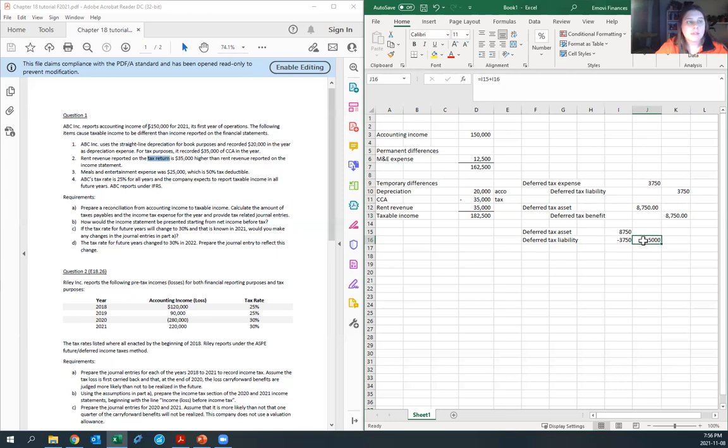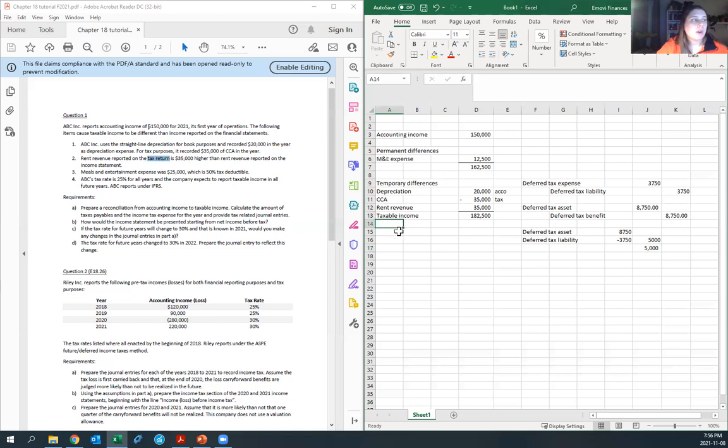The other way you can find that $5,000 is if you sum all your temporary differences together, times your tax rate, it should give the same amount. Another way you can think about if it's an asset or a liability: if the sum here is positive, it's an asset. If it was negative, it would be a liability.